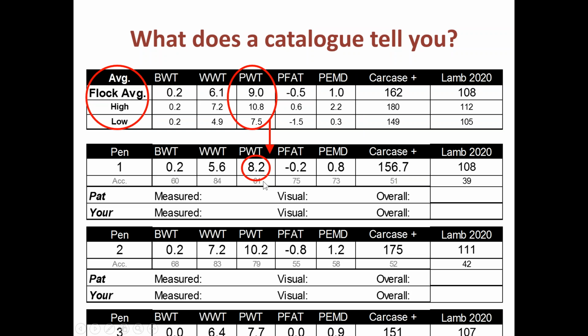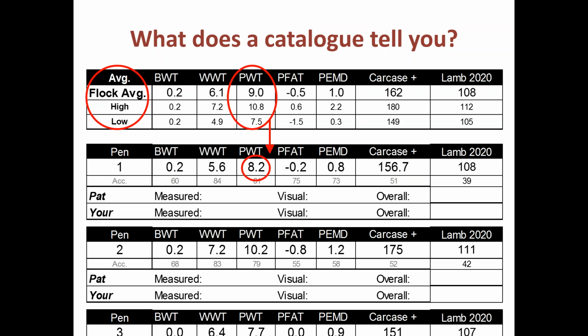We can compare the flock average with the individual in the pen and say pen 1's a little below the average of the flock. The next pen down is 10.2, he's above average, getting up towards the higher end of the sale.